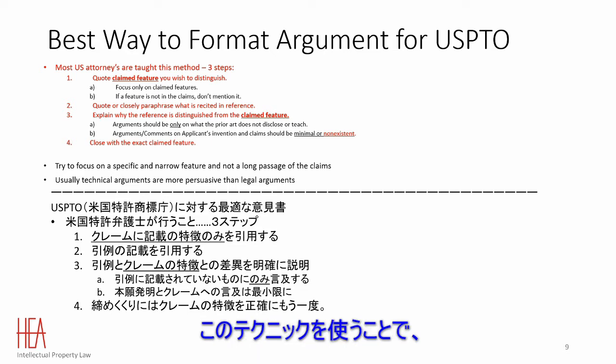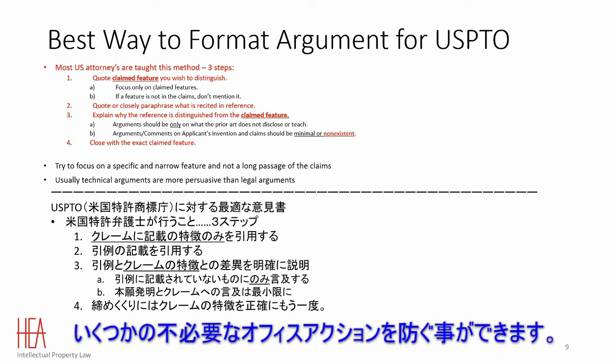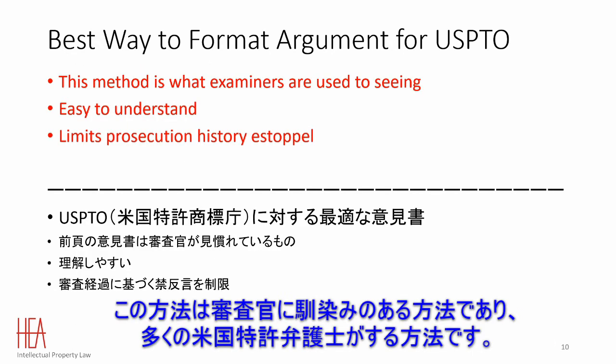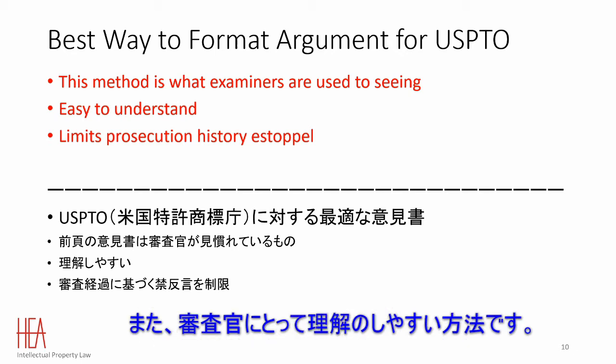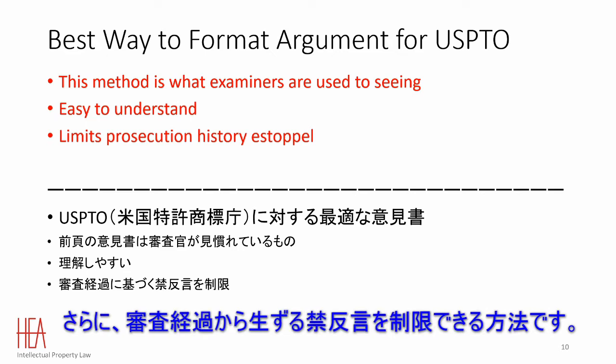If we use this technique, it can help us avoid some unnecessary office actions. As I mentioned before, this is what examiners are used to seeing. This is what most US attorneys do. It's easy for the examiners to understand, and it can also limit any prosecution history estoppel going forward.